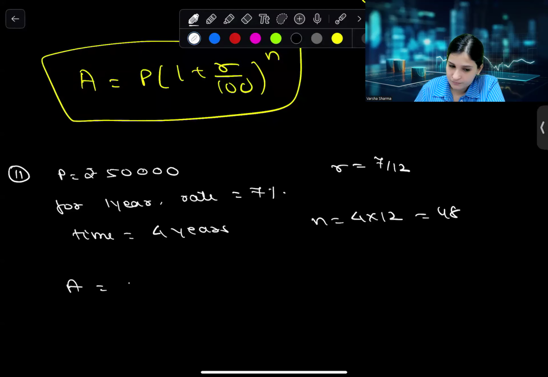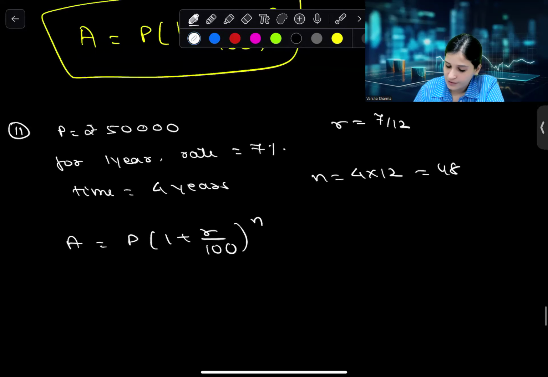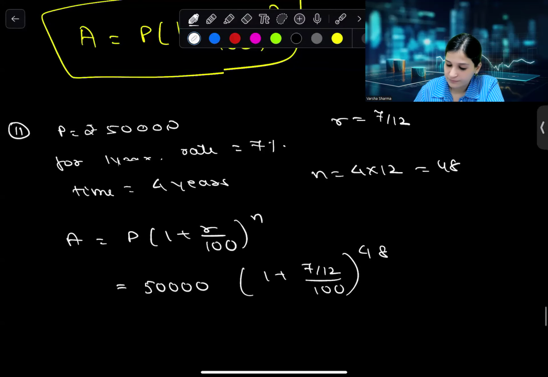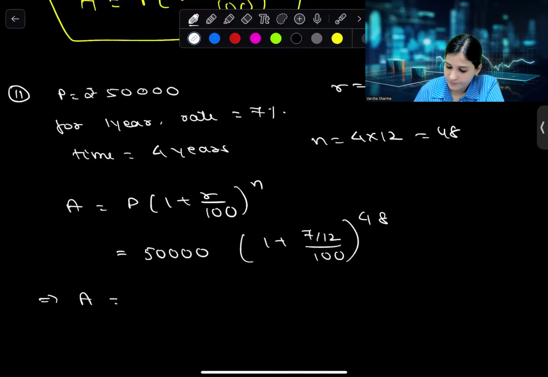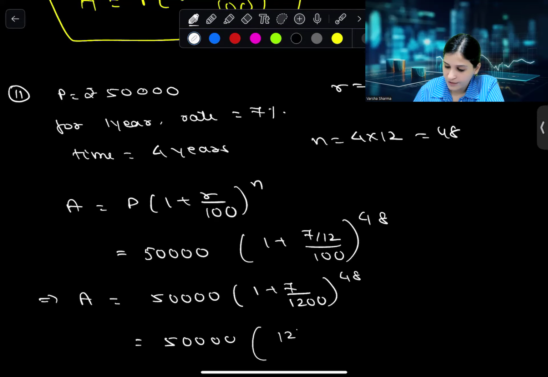So same formula. Let's put the values. P is 50,000, 1 plus 7 by 12, time is 48. That is 1 plus 7 by 1200 to the power 48.